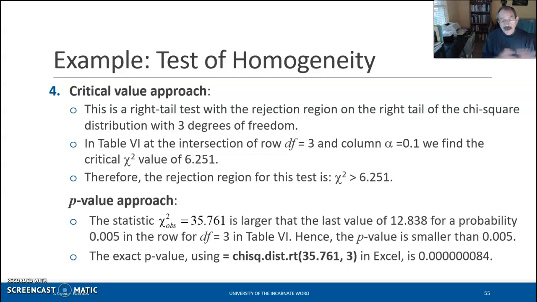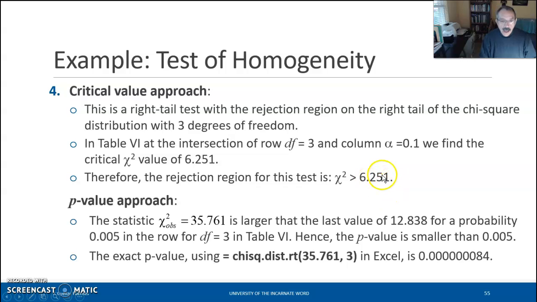To find the critical value, you go into table 6, look at the row for 3 degrees of freedom, and then look at the probability of 0.1. At the intersection of that row and column, you find the critical value of 6.251. So the rejection region is any chi-square value larger than 6.251.